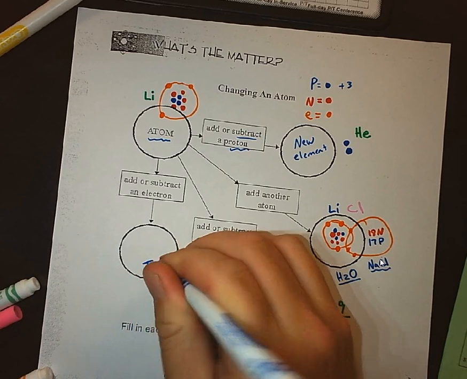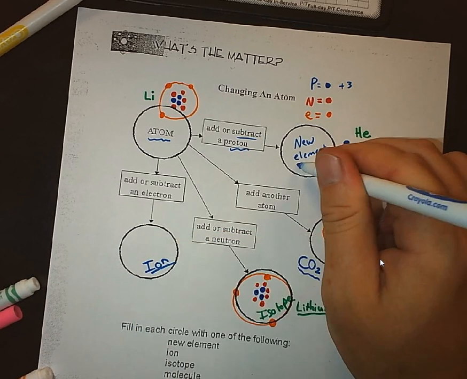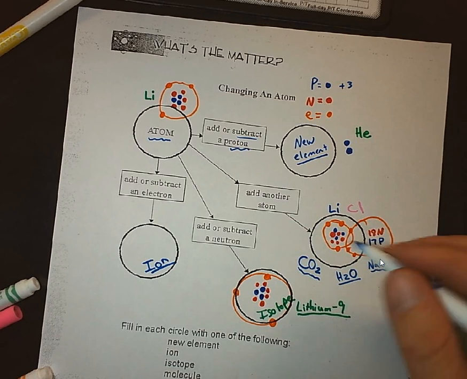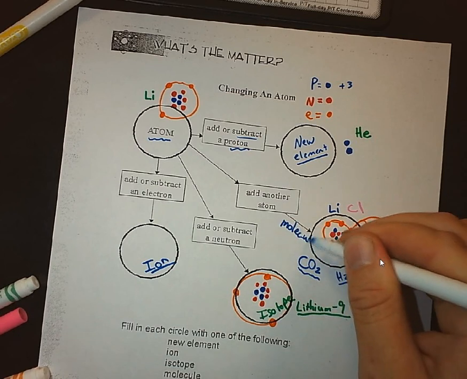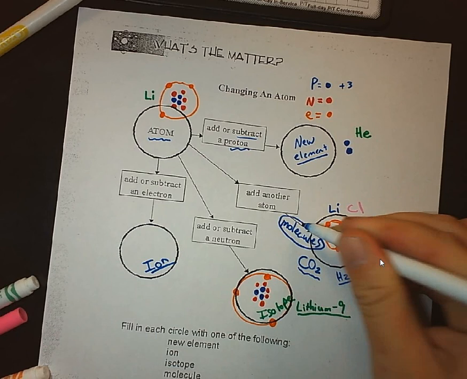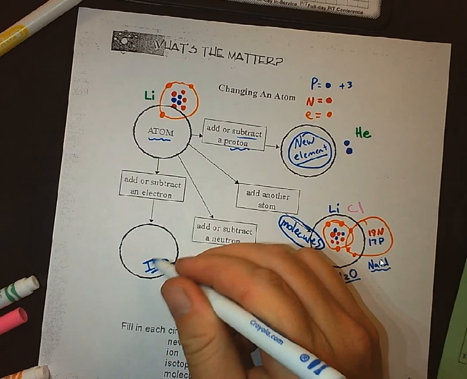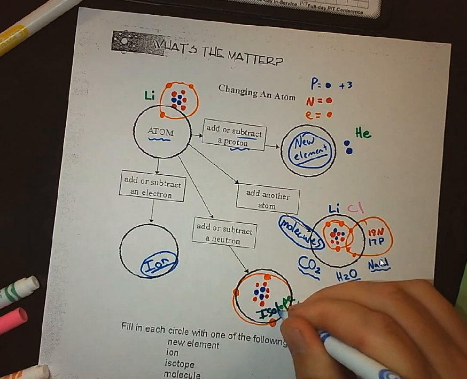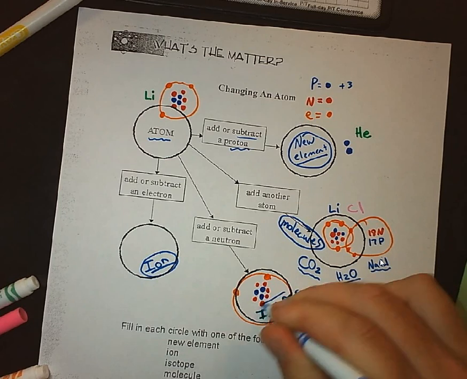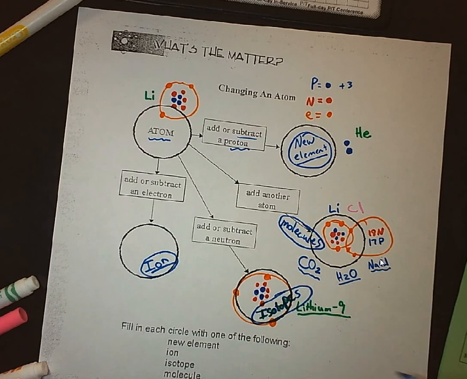So we have ions, we have new elements, we have, oh, we should probably write the word over here, molecules. Molecules, new elements, ions, and over here we have isotopes. Those are 4 words.